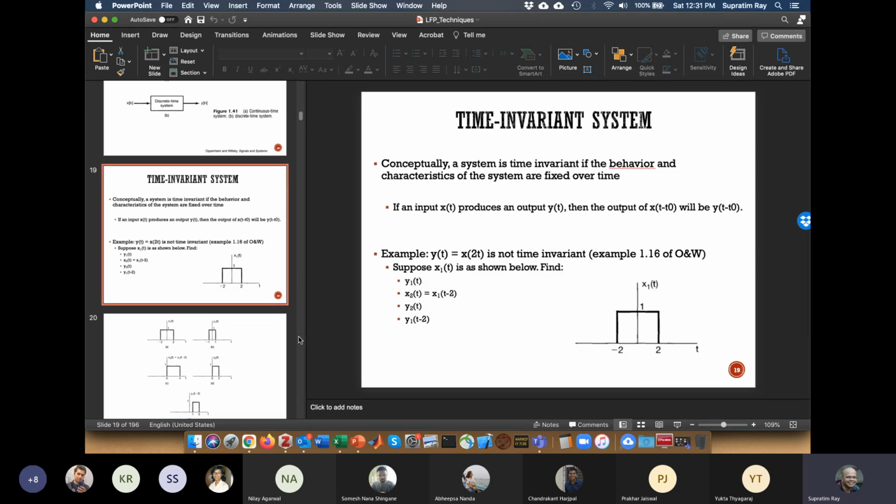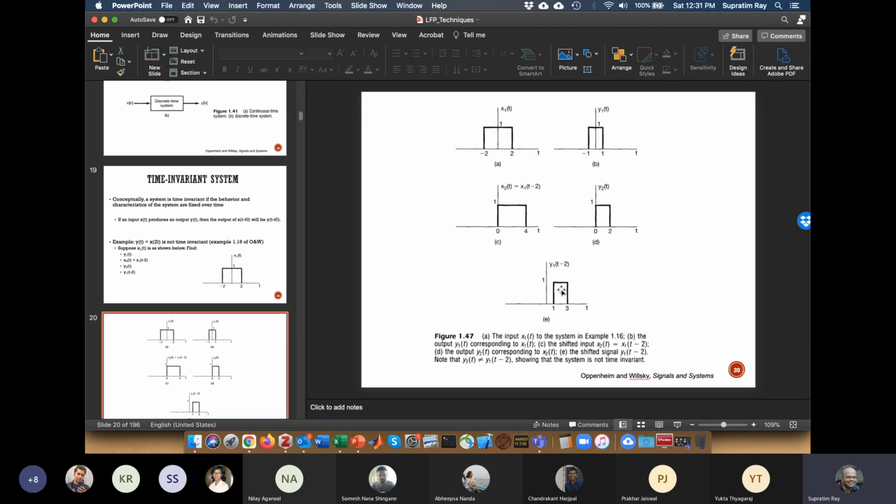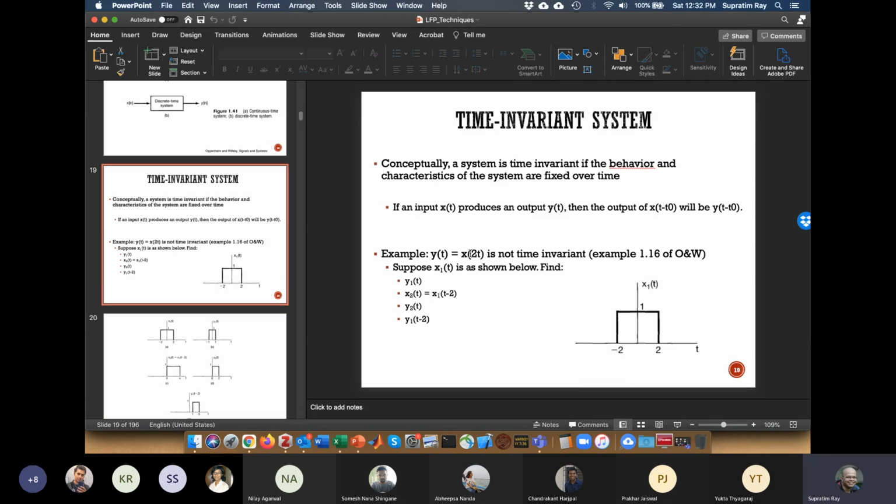But y of t minus 2 is this. It's the shifted version of that, and these two are not the same. So this system, a system that squishes the time by a factor of 2, is not a time invariant system.